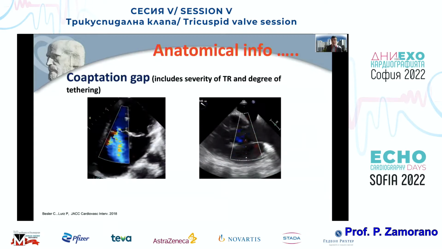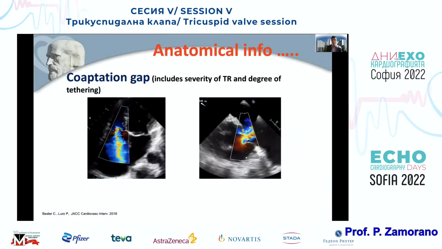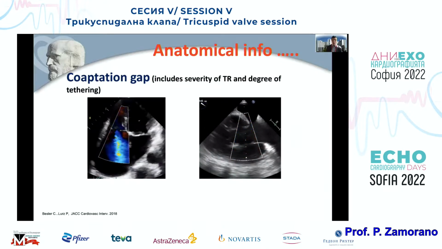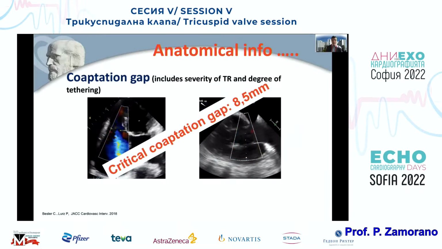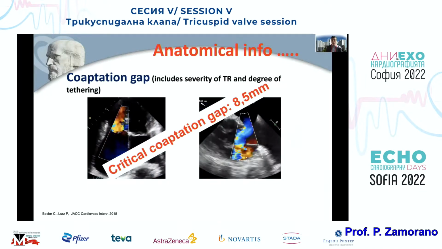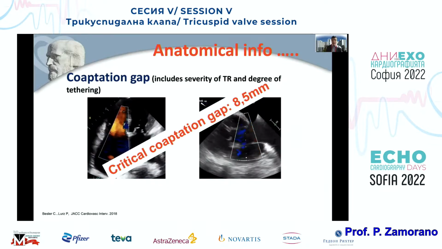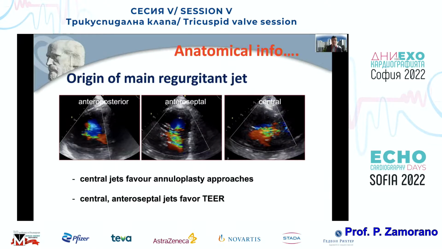Also, the anatomical information is extremely relevant while assessing a patient with tricuspid regurgitation. The coaptation gap is important, it reflects the severity of the TR and the degree of tethering, and the critical coaptation gap for percutaneous approach is 8.5 millimeters.